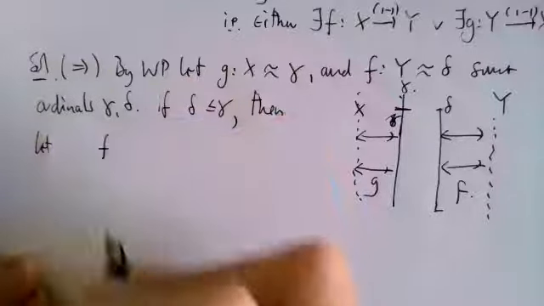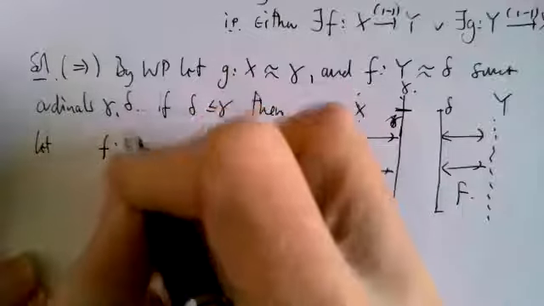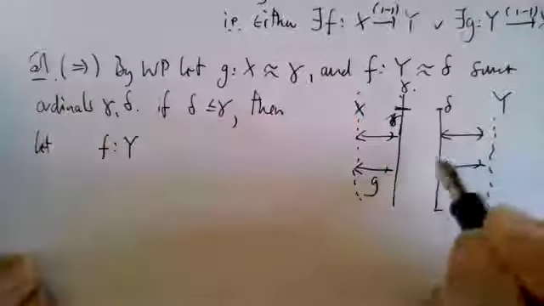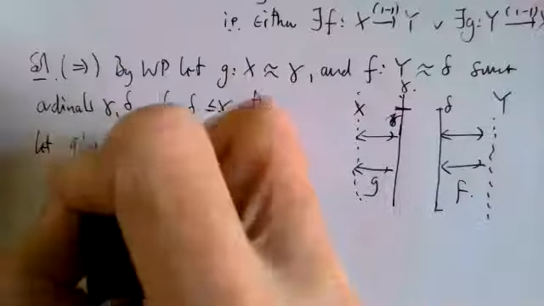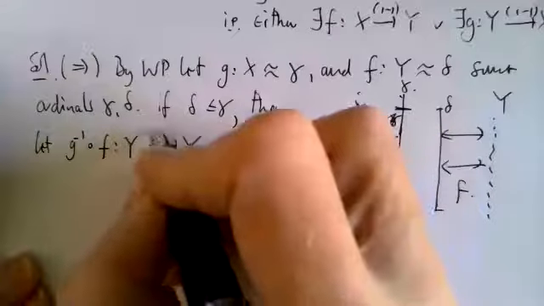I do f, which is going to send y into delta, and then I do g to the -1, which is going to bring it over to x. And this is 1-to-1.